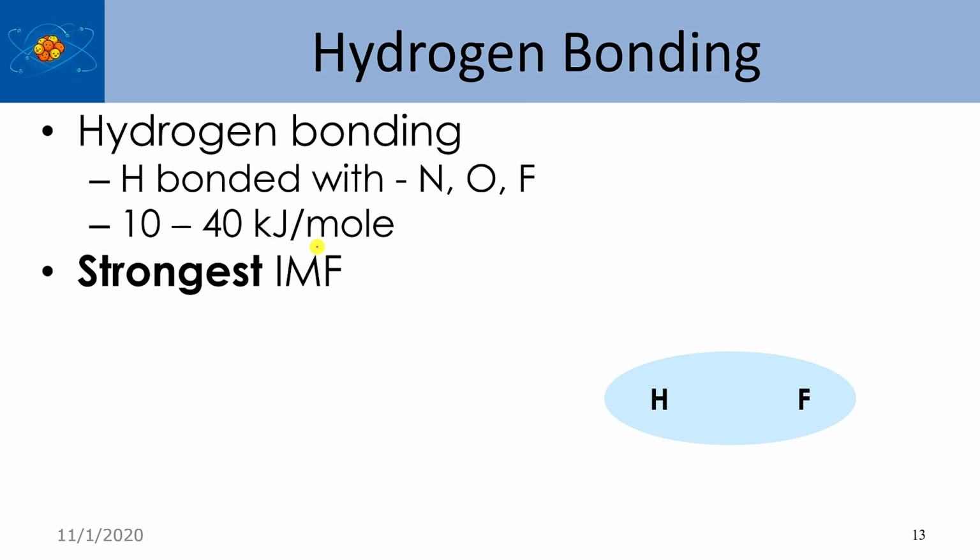Now, the strongest intermolecular force is known as hydrogen bonding. Hydrogen bonding also depends on structure, but it only occurs very specifically with 3 atoms and their bonds with hydrogen. One is nitrogen, the other is oxygen. This is the one we see the most of in biology and biochemistry. And the last one is fluorine. Now, remember, we talked about when 2 molecules get together, for example, HF, and they form a bond.